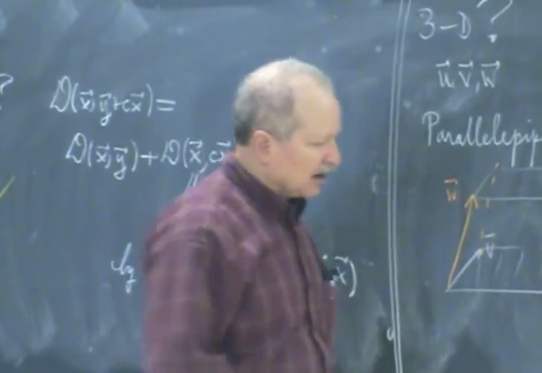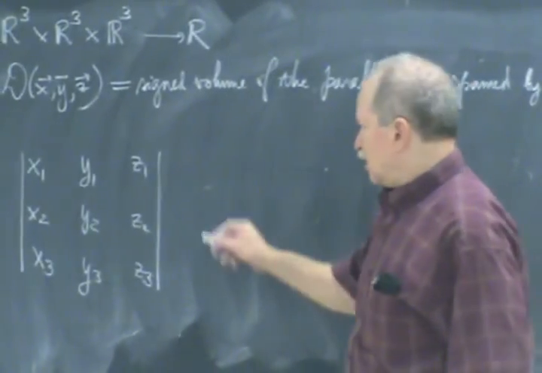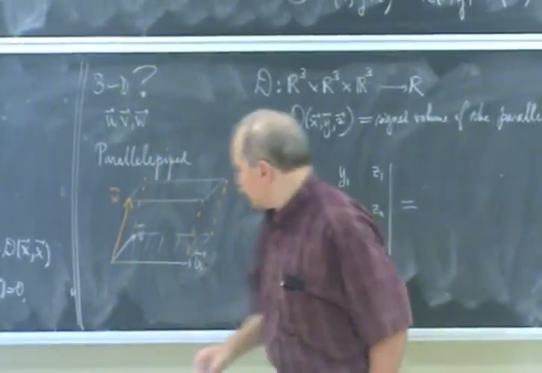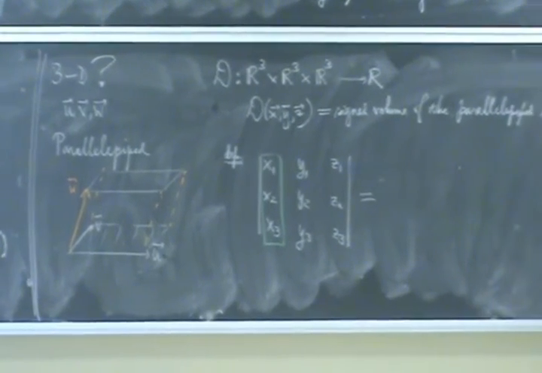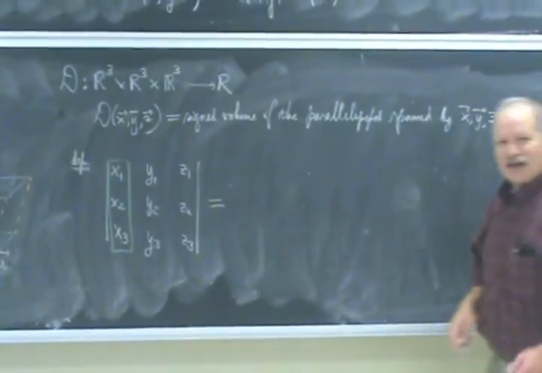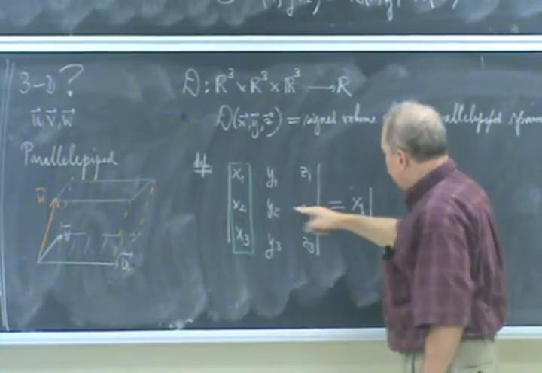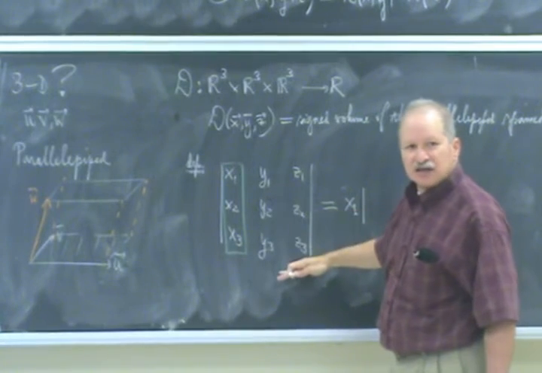And the way you define this determinant, and again, on Friday I'll talk all about what this means and how to use it for stuff, is you pick the first column and you say, okay, you have to sit out at recess, you don't get to go play with the others. And you take the first thing in x, and you multiply it by the determinant you get of the remaining 2 rows of y and z.